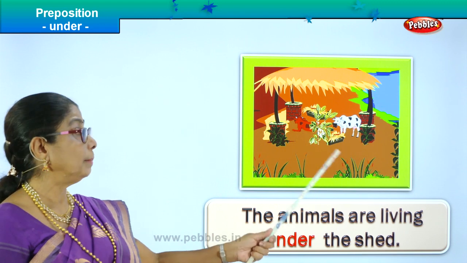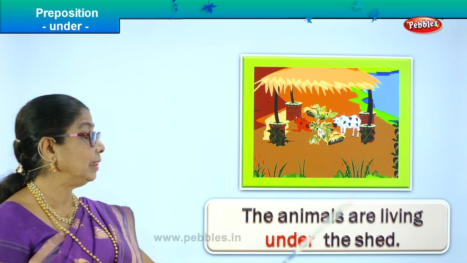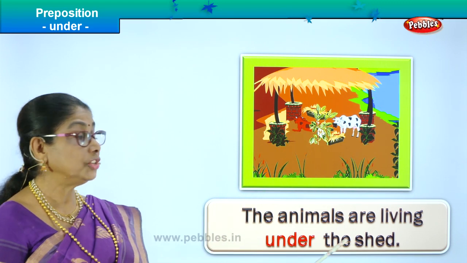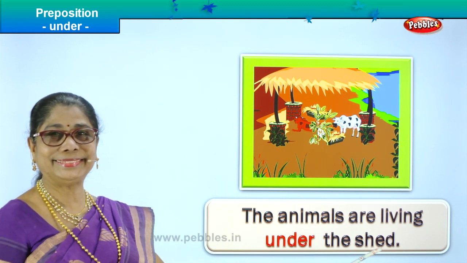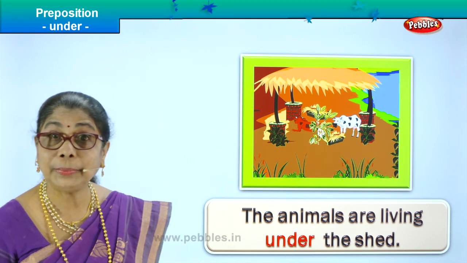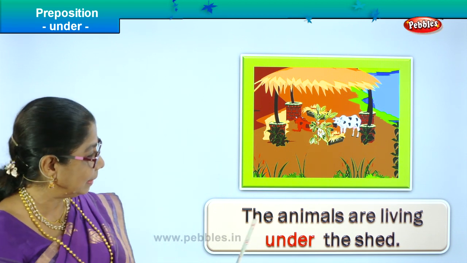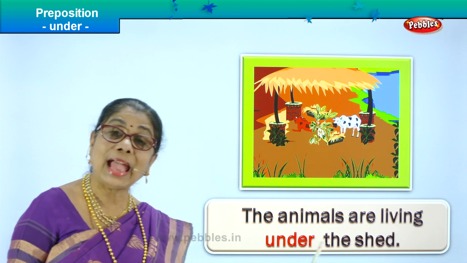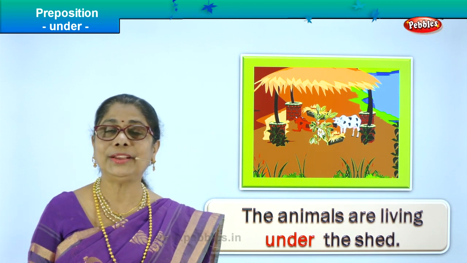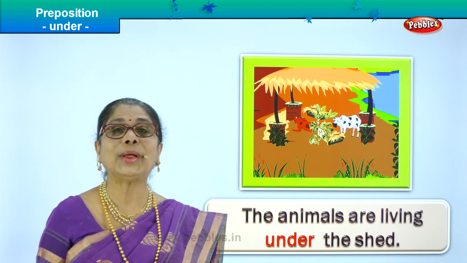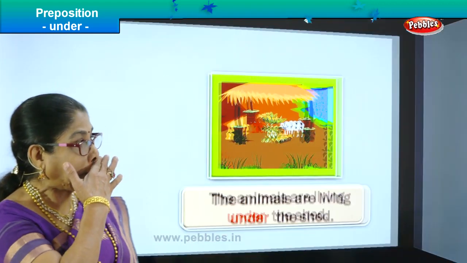Cows, brown and white, they are living under the shed. Under is the preposition we are looking at in the sentence. Look and read the sentence again. The animals are living under the shed. Good. Did you enjoy? Let's look at another picture.